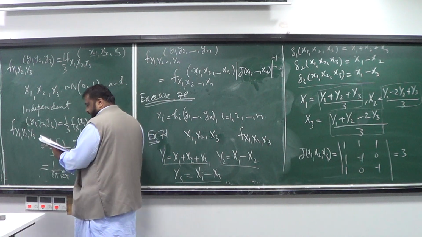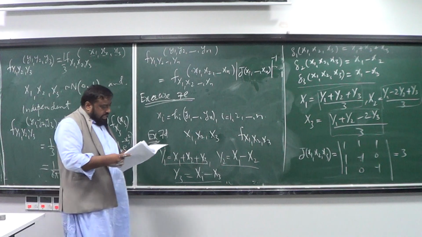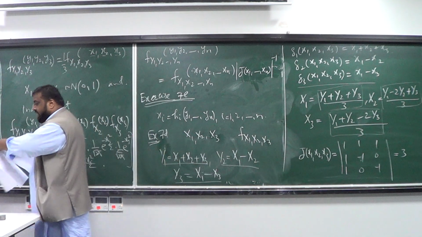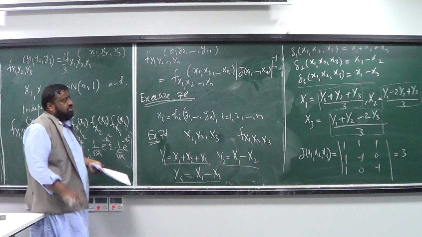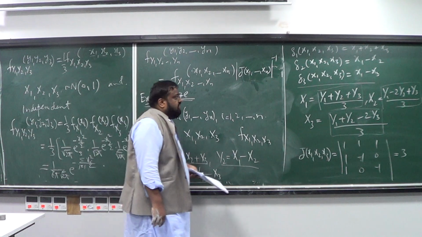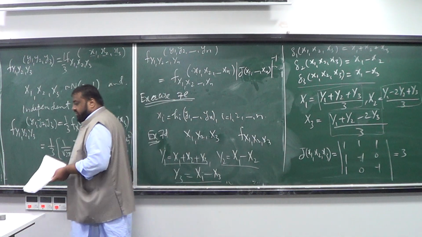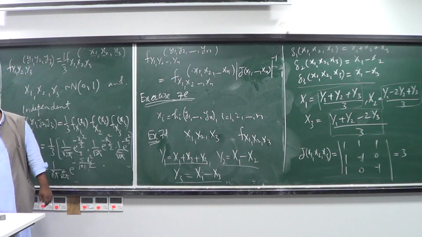Okay, so example 7e is something for you to work out. I hope we learned some new facts during these discussions, and we end chapter number 6 at this instant.